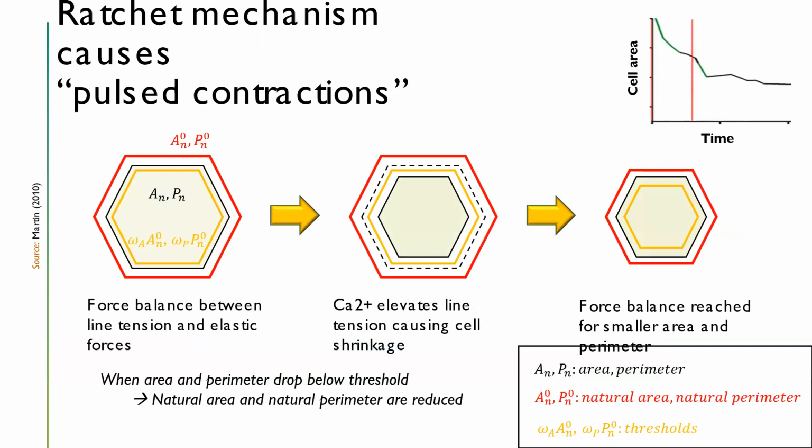The black line gives you the cell's current area and perimeter. The yellow line gives you the threshold. And if you shrink beyond that threshold, an irreversible change takes place. The ratchet mechanism kicks in, and it corresponds to the F-actin structures remodeling the cell so that it can't recover to its original state once the calcium flash has died down.